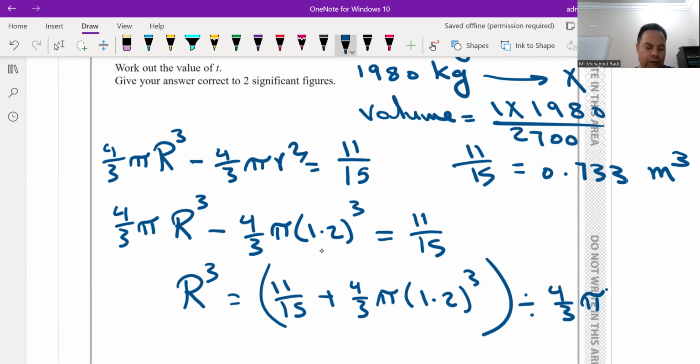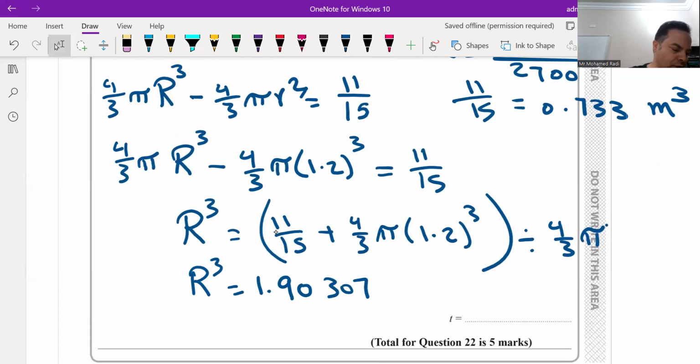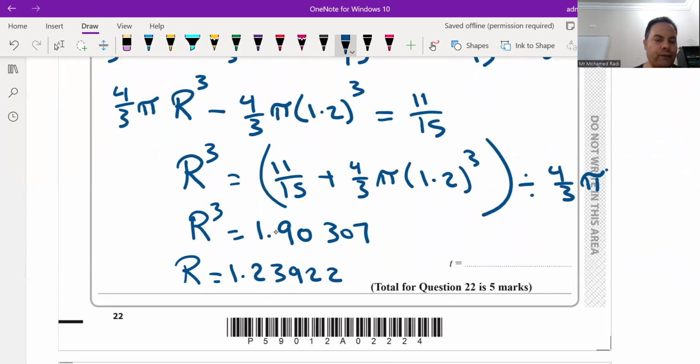So the final answer is r cubed equals 1.90307. By taking the cube root, r is equal to 1.23922.